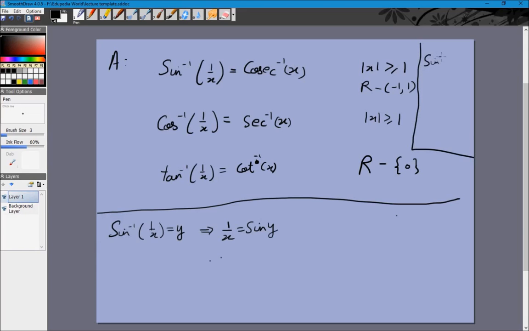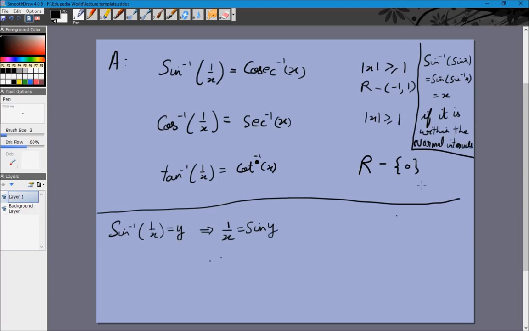So sine inverse of sine x is equal to sine of sine inverse x is equal to x, if it is within the normal intervals. I'll just write that. And you'll know what that means.